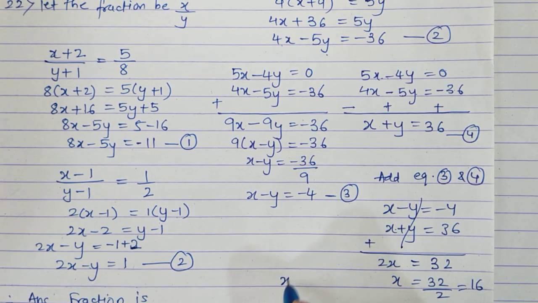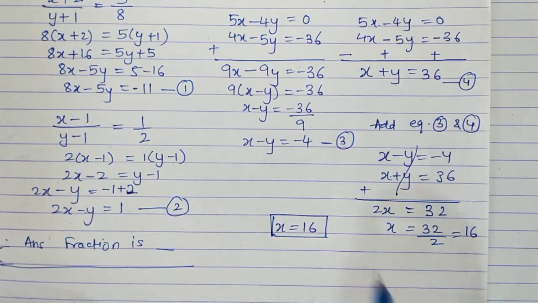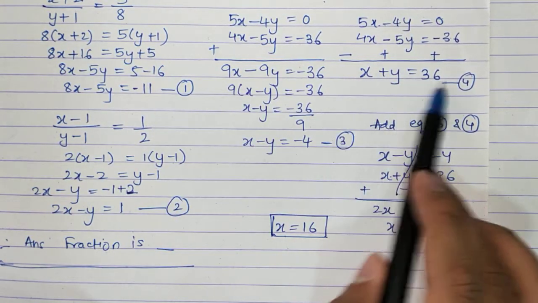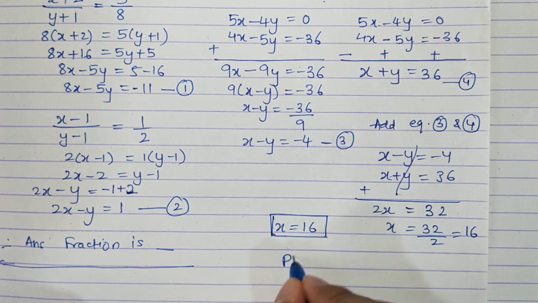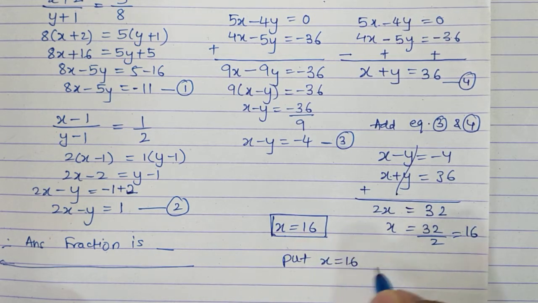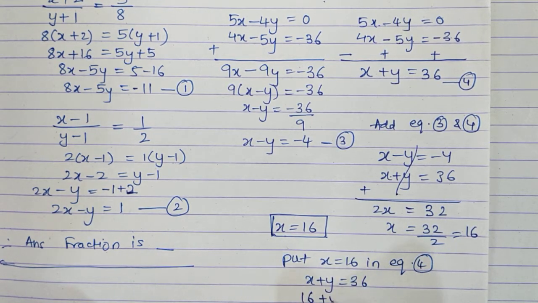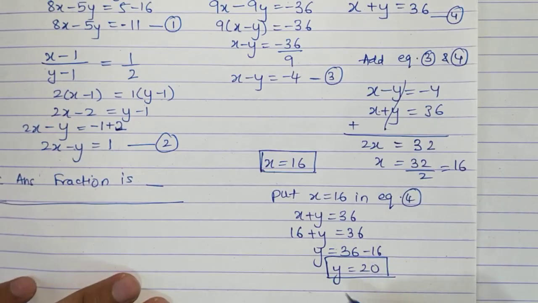You will get the value of x as 16. Once you know x, substitute in this equation, simplest equation. So x plus y equals 36. In the place of x, I'll write 16. So y is 36 minus 16, that is y is 20.